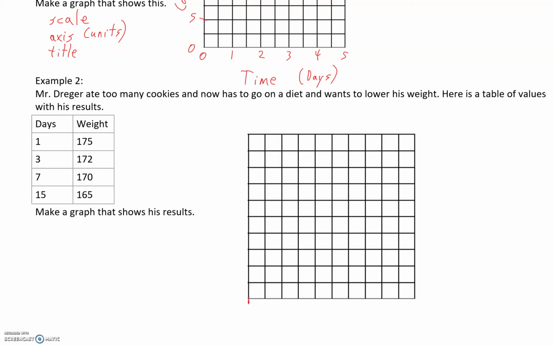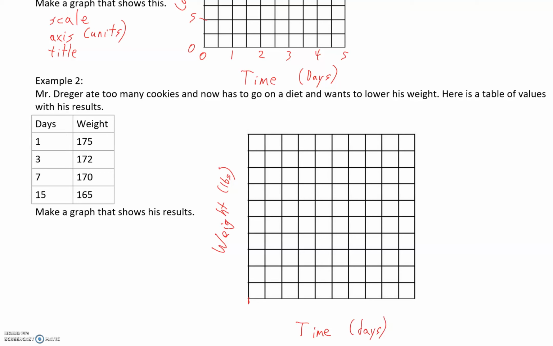kind of thought about it, and this will still be time down here. Okay, but now this will be my weight. And make sure that you have the units listed.